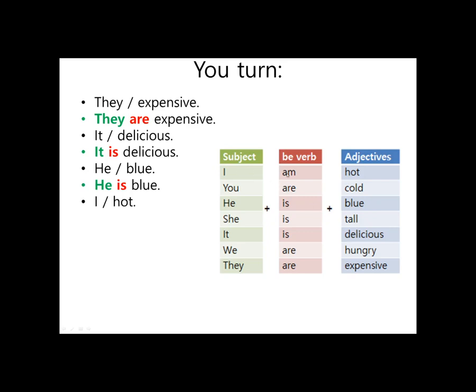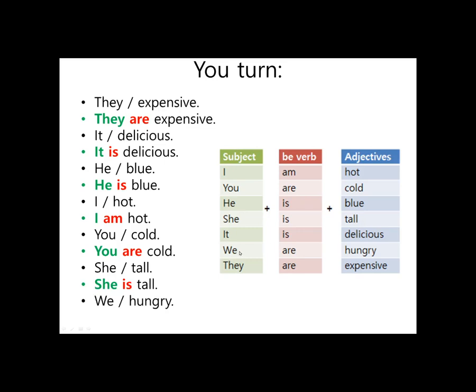I am hot. You are cold. She is tall. And we are hungry. Great. Okay, I hope you got that. If you can't remember, you can come back to review.